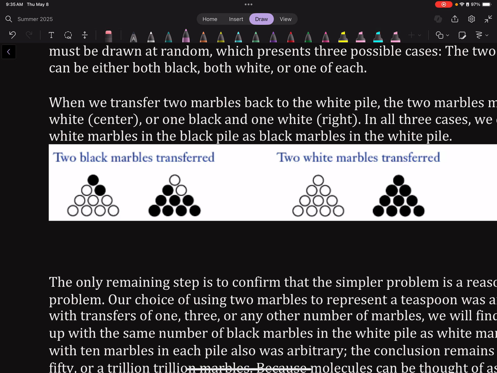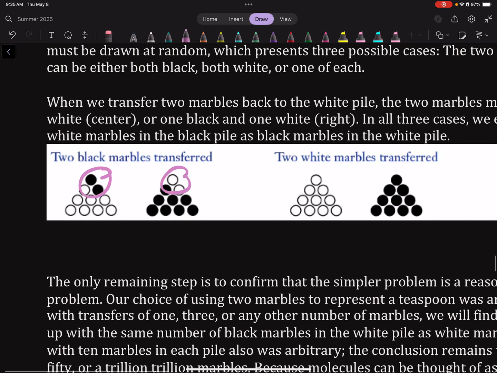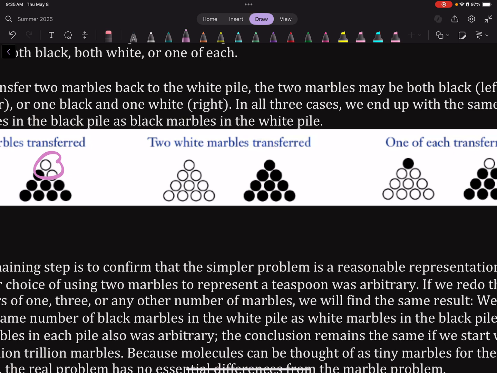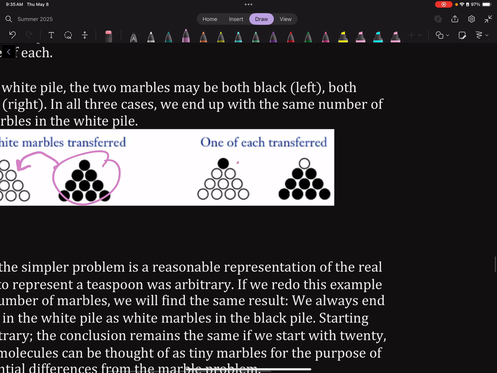So all of this is random. So 2 black marbles transferred, we're still left with 2 white here, and then 2 goes back to the white. If we do 2 white marbles, the white goes away from here and goes back to the original. One of each, so we have 1 in the white milk, we have 1 in the coffee.